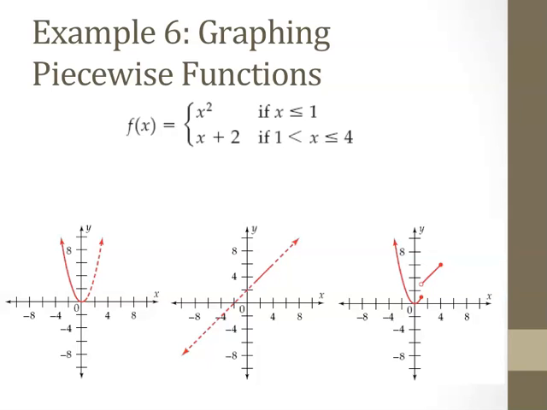But we do need to know what's happening at that point. So when x equals 1 in the second piece of the graph, you would have 1 plus 2, which is equal to 3. So 1, 3 is where that point is, but we have to draw it in as a whole. It goes all the way up to 4 and includes 4, so we are going to put a point at x equals 4.